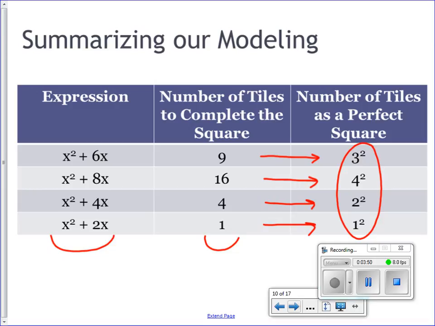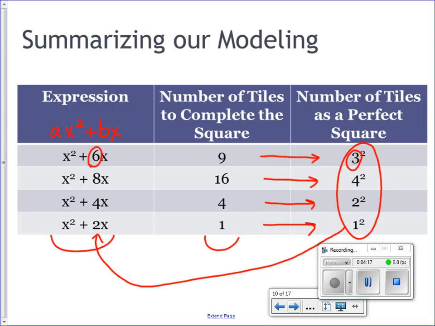Well, let's go back and take a look from here over to our b. This would be our ax squared plus bx term. So we want to look at the b. And what I hope that you notice is that here we have a 6, and 3 would be half of 6.